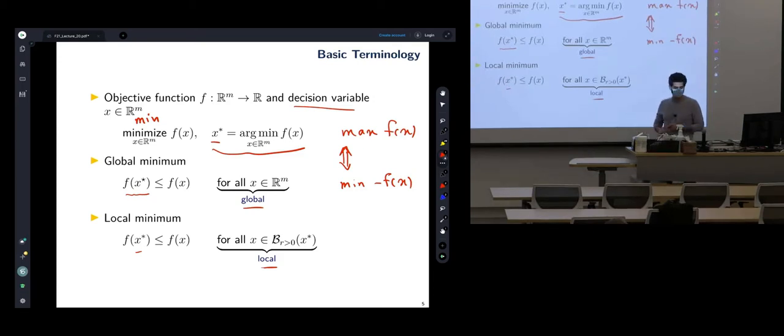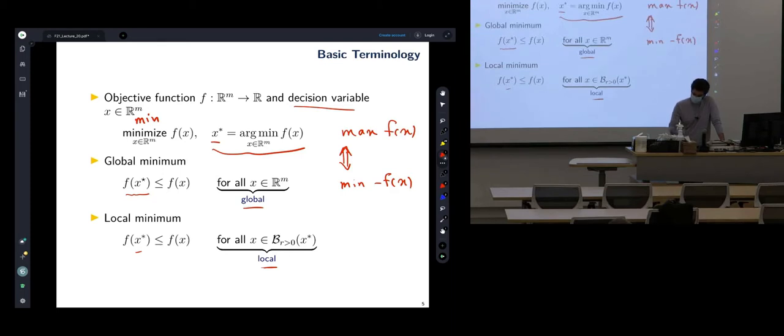We often use the same notation even if it's not unique, because local minimum is not unique. You can have different minimums in different neighborhoods, whereas global is unique, or if it's not unique, any other global minimum is the same as what we have.